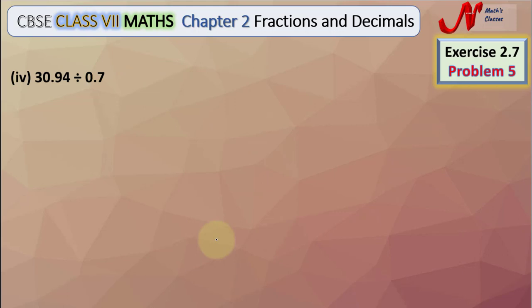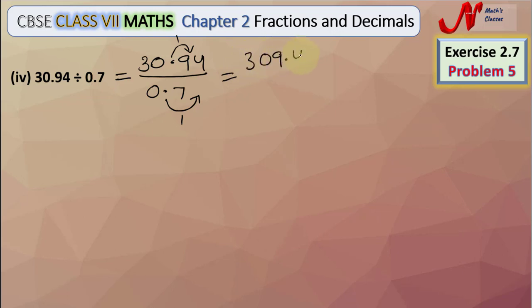Next we solve the fourth bit. 30.94 divided by 0.7. So it can be written as 30.94 by 0.7. So first we shift the decimal point of denominator to the right side by one place. Shift the decimal point of numerator to the right by one place. So it can be written as 309.4 by 7.0. It can be written as 309.4 by 7.